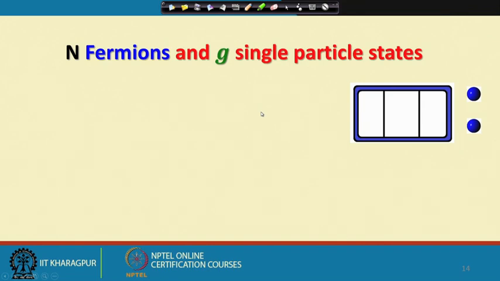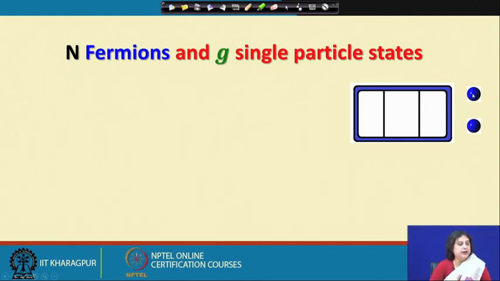And therefore, the task right now is I have this big box where I have 1, 2, 3 such single particle states, and I say that I am going to allot, let us say, 2 balls into these compartments. This is the specific case where capital N is equal to 2 and small g is equal to 3.